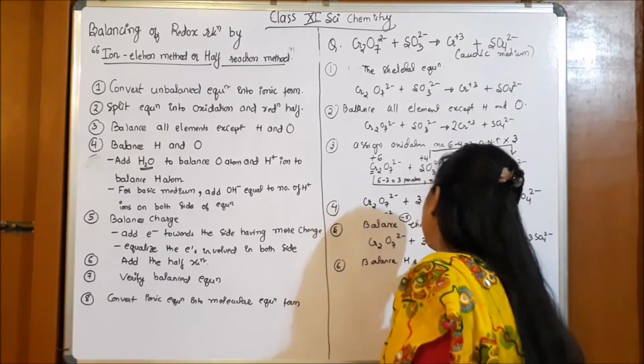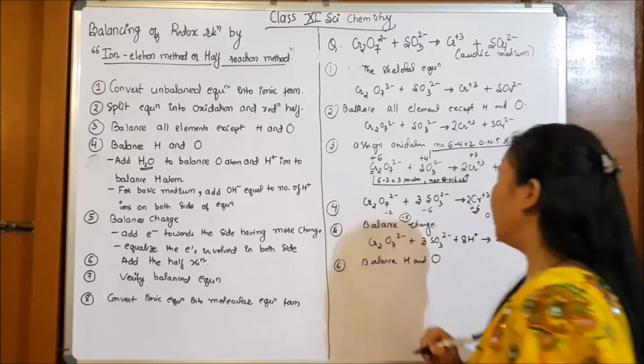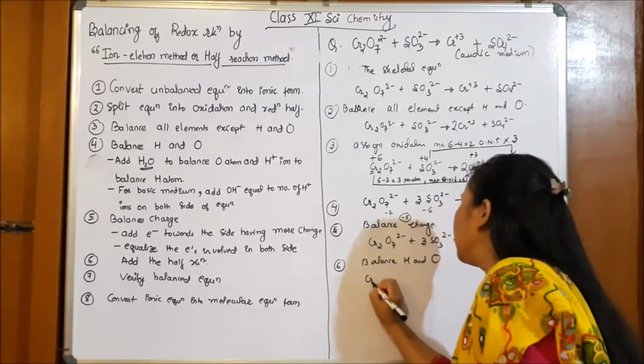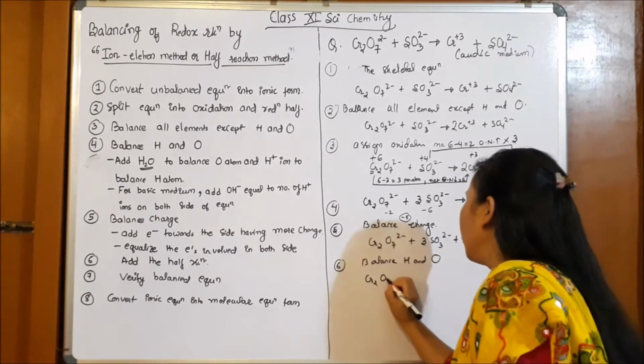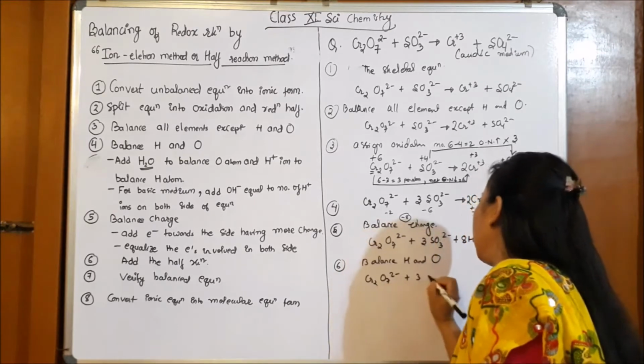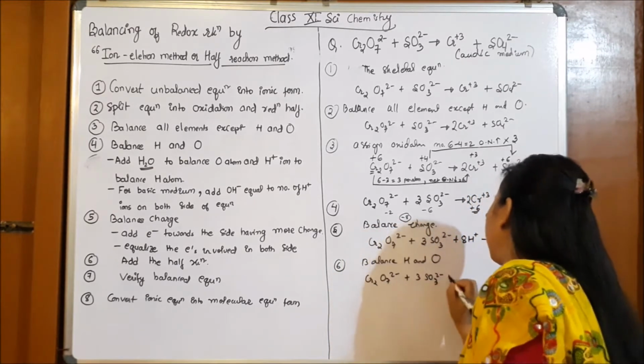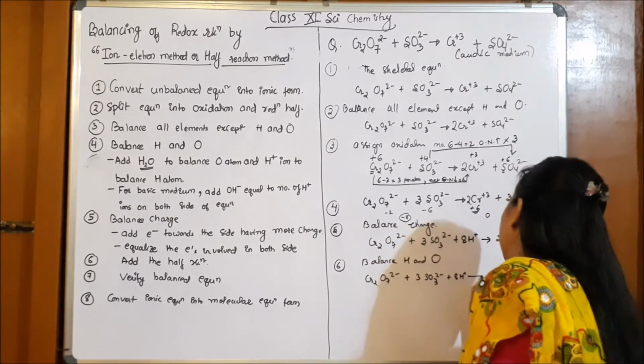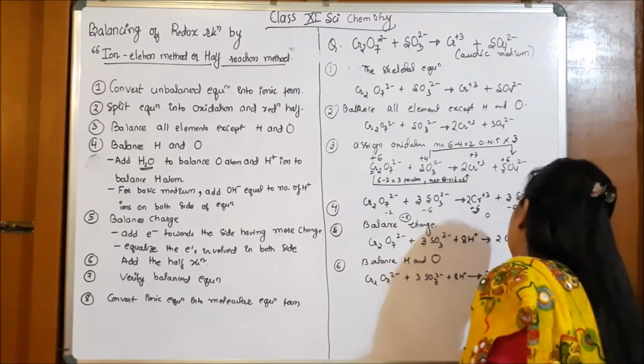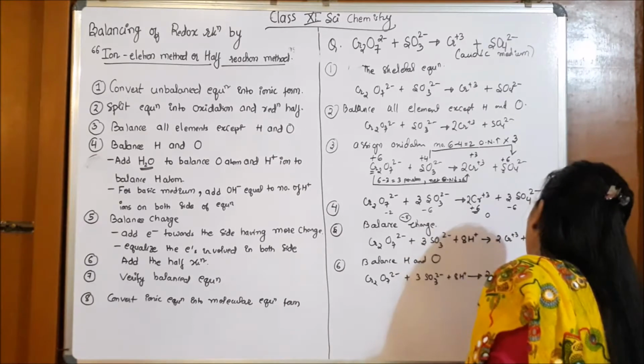Balance hydrogen and oxygen, right? Cr2O7 2- plus 3SO3 2- plus 8H+ gives 2Cr3+ plus 3SO4 2-.